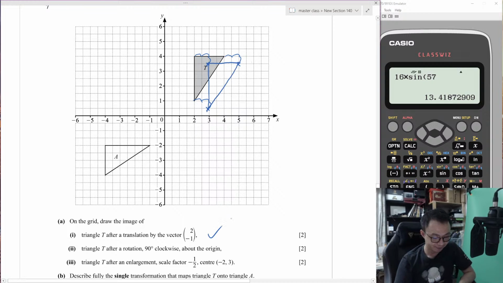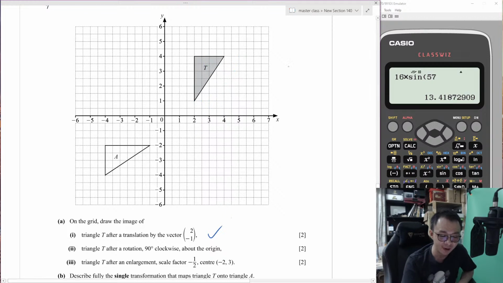Done. Okay, the triangle T after rotation 90 degree clockwise about the origin. Okay, so normally I will do like this. I will just draw an L here. So they want 90 degree clockwise. I'm not sure you can see the L here. Maybe I use highlighter. You should have an L here.